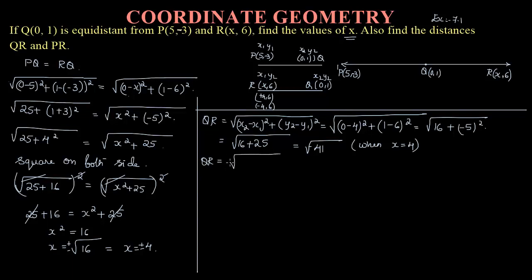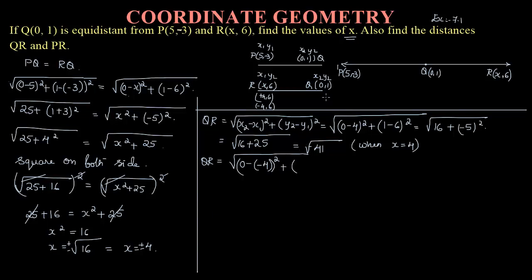QR is equal to, again the same formula, I am not going to repeat it. x2 is 0 minus, this is the formula minus. Now the coordinate is also negative, so you are going to write that coordinate in a bracket. Whenever the coordinate has a negative value, you write it in double brackets here.